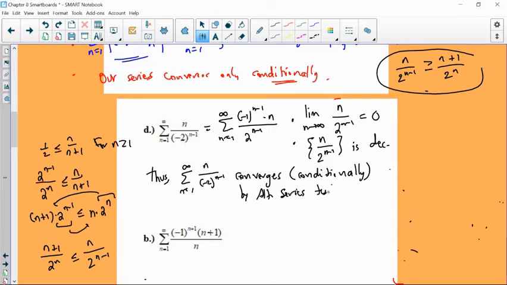Okay. Now, if we try to look at the absolute value of that, right? If we try to look at just this component of it, right now we don't have enough tests to verify that that actually does, in fact, converge. And intuitively, we should think that it does, right?